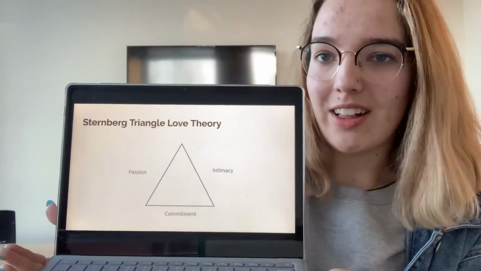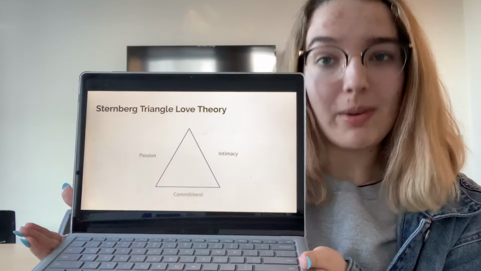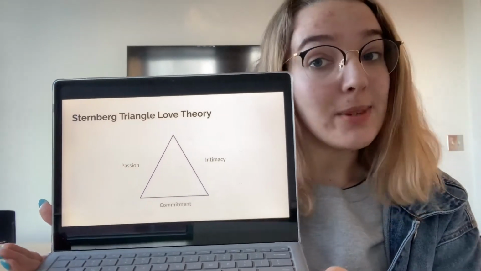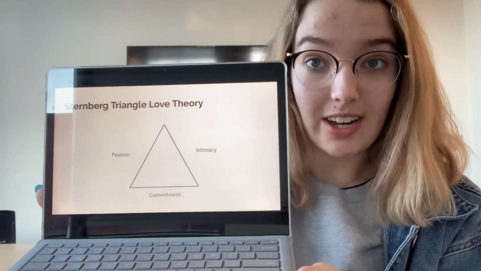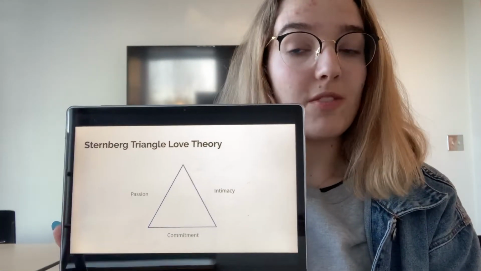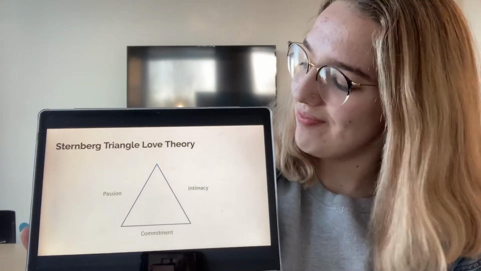So the triangle talks about 3 aspects of what makes up a loving relationship, and these are passion, intimacy, and commitment. Passion essentially encompasses all the physical aspects of a romantic relationship, physical attraction, and all of that good stuff.